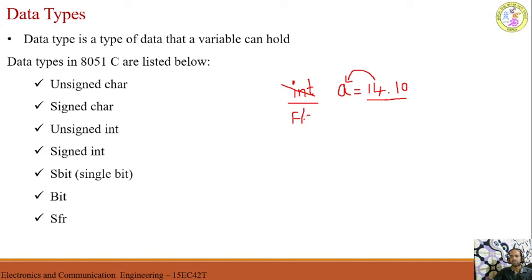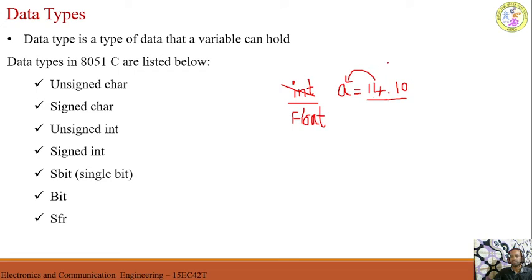It indicates that whatever number we are going to store into the variable A is of floating type. Floating type means it contains a fraction part also, a whole number as well as a fraction part. Therefore, now the variable A holds this fraction with a decimal point.